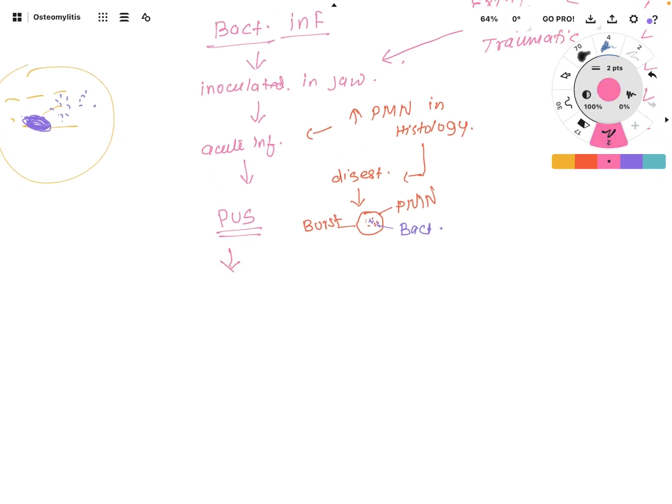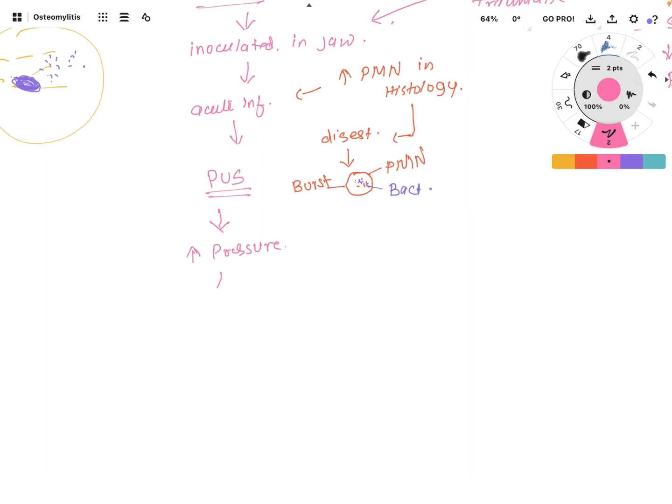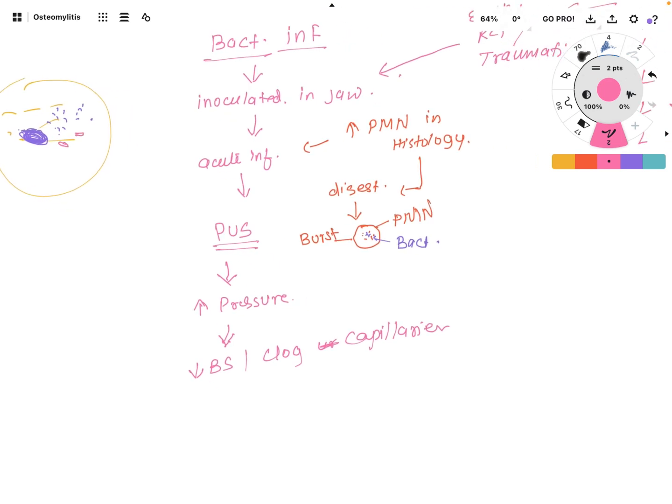It will increase pressure within your bone, correct? And because of that increased pressure, you will have stasis or decreased blood supply, basically clogging your capillaries. You can draw some small capillaries that burst.